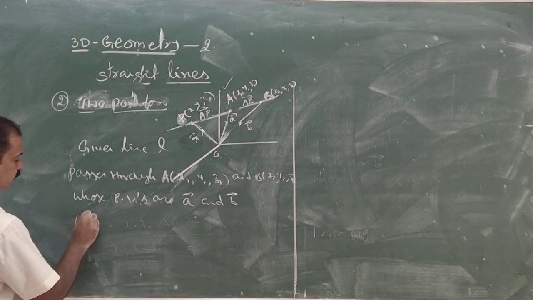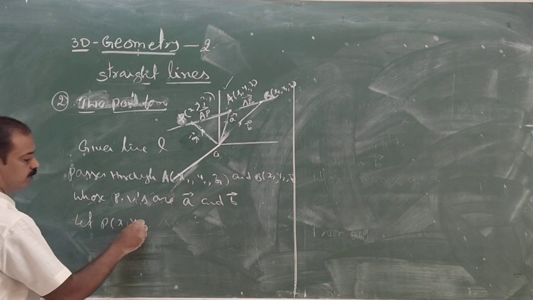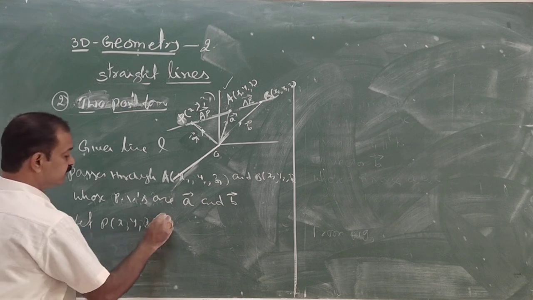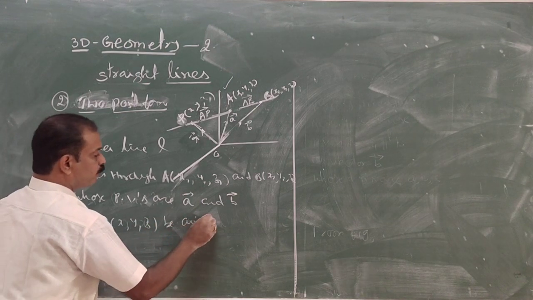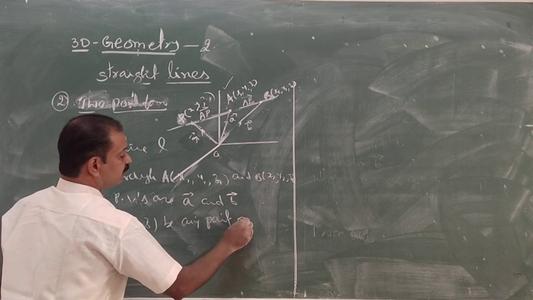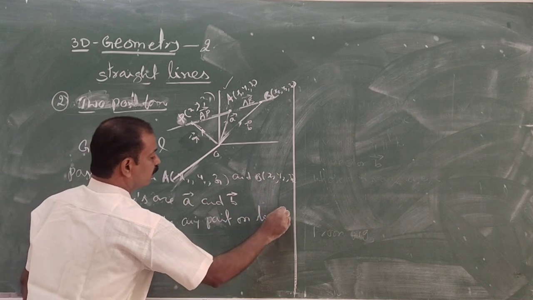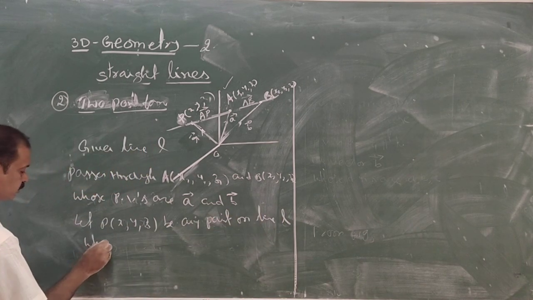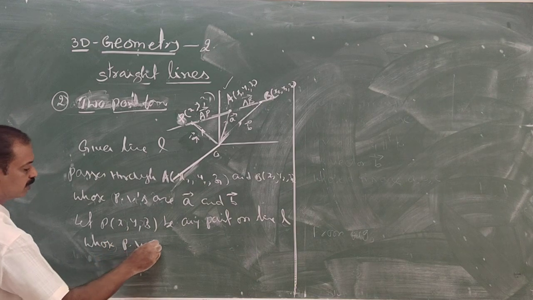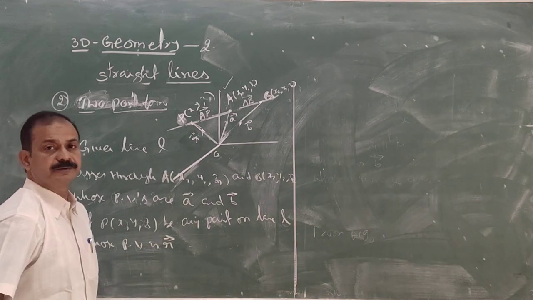Let P of (x, y, z) be any point on line L, whose position vector is r.